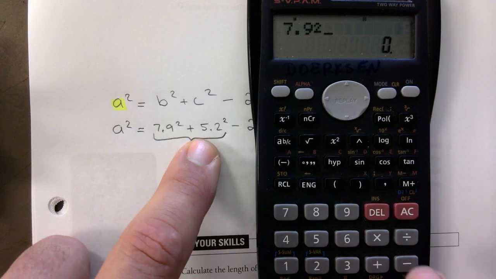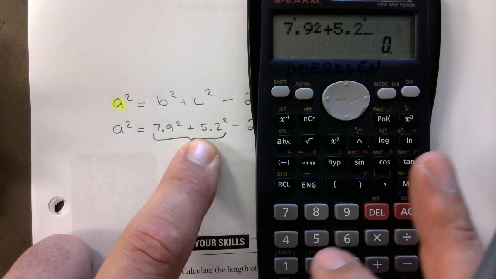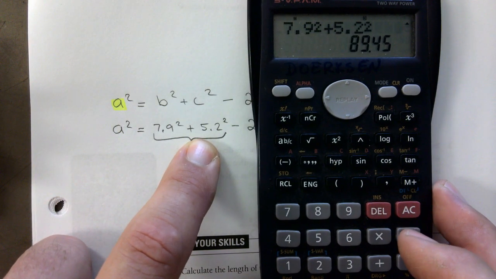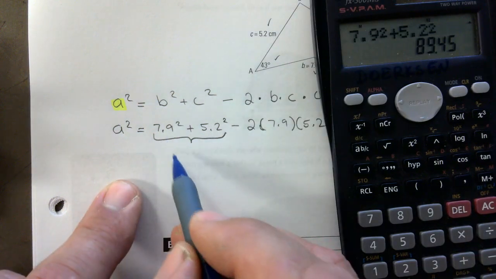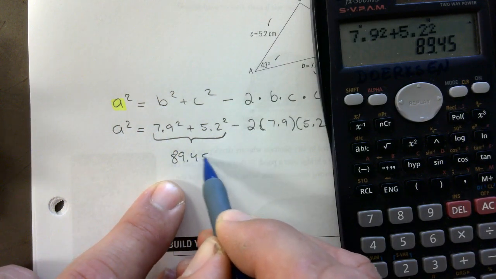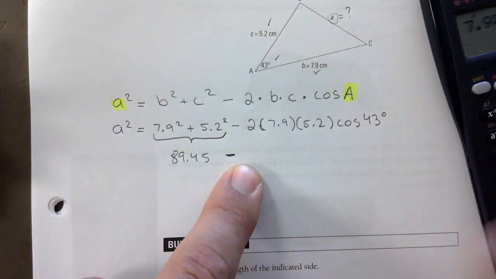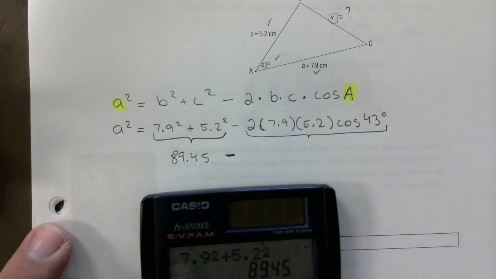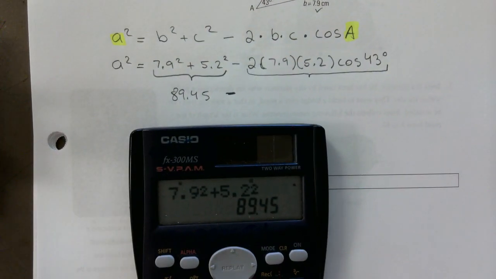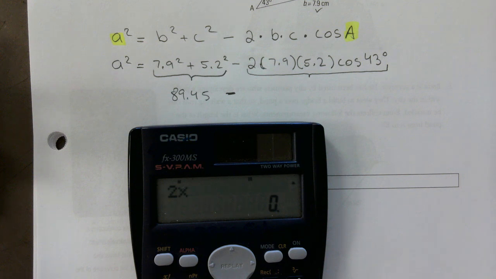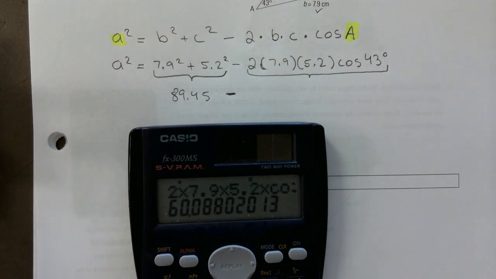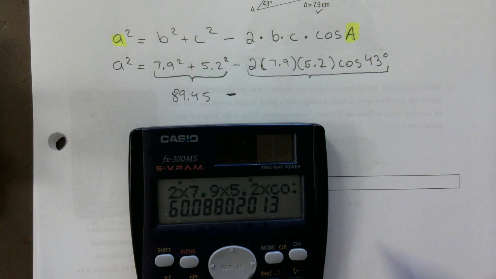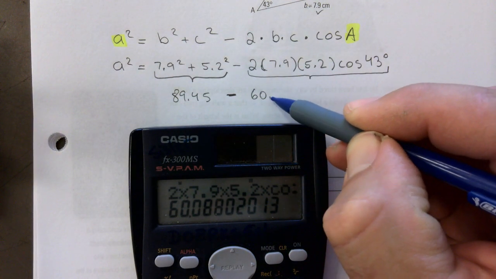So 7.9 squared plus 5.2 squared. That's 89.45. I write the whole thing down. Minus, I will figure out what this whole thing is. So I know we're going to have calculator issues here, but we'll hope for the best. 2 times 7.9 times 5.2 times cosine of 43. You do it all in one shot. And then you write down all the decimals, or at least 4.